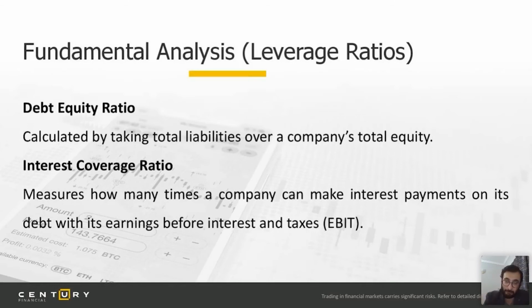It's not necessary that your entire capital structure should have too much debt or too much equity, so an appropriate ratio should be there. How do you find out the debt equity ratio? You look at the total liabilities over a company's total equity. How much is the equity which is put in and how much are the liabilities? Obviously, it's a no-brainer. If one company has higher debts compared to another, that company is much riskier.